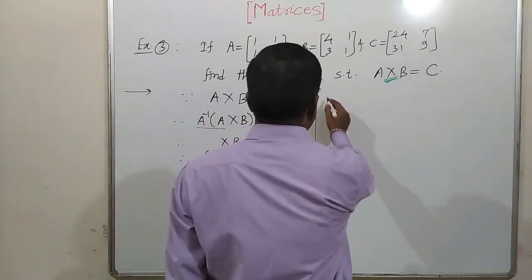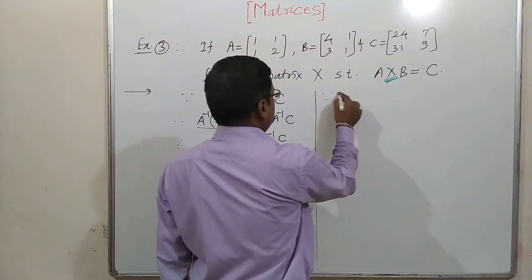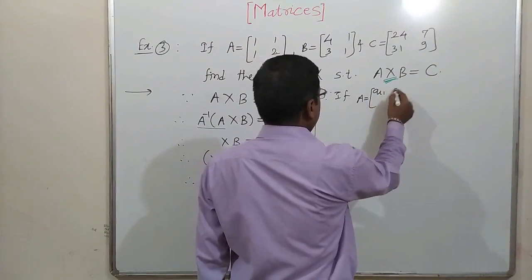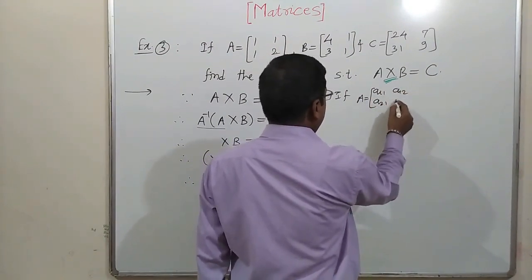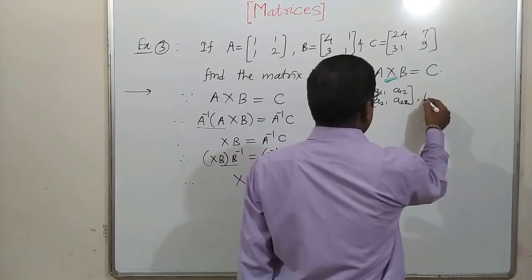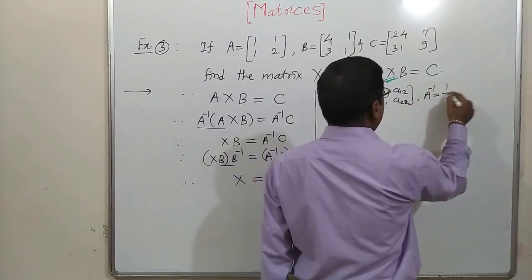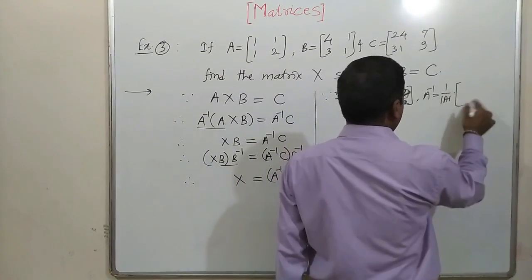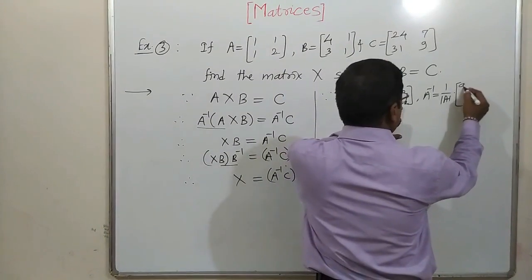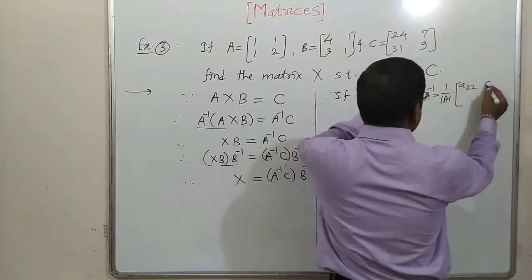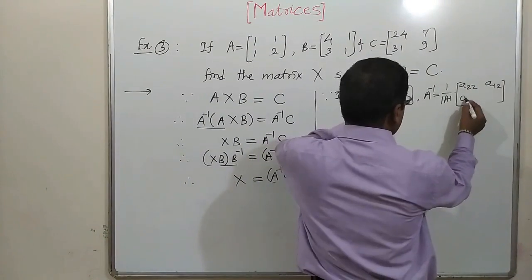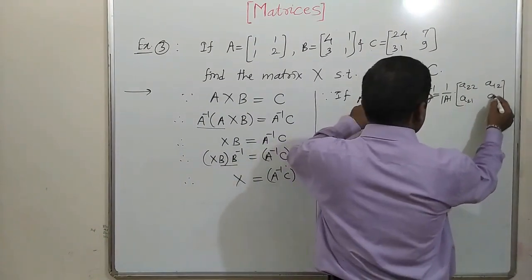We know these formulas. If A is equal to A11, A12, A21, A22, then A inverse is equal to 1 upon determinant of A into adjoint of this, that can be written as A22, then A12, A21, A11.